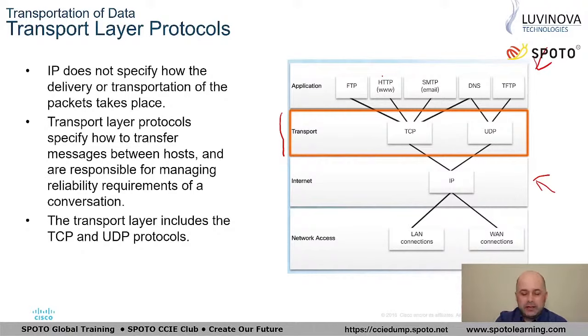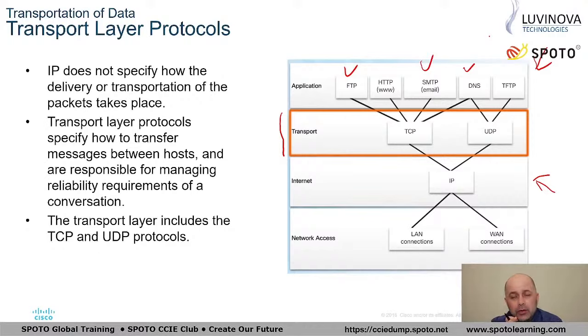File transferring is handled by the file transfer protocol. The SMTP protocol handles sending emails, and this is also an application protocol. DNS, the domain name system, which resolves names to IP addresses and vice versa, is handled by the DNS protocol, and so on.